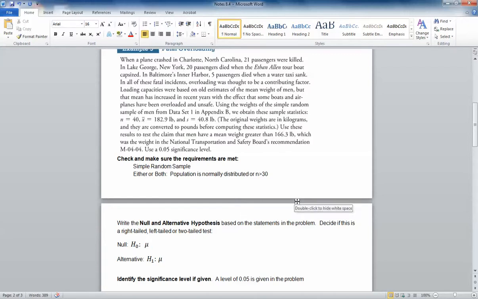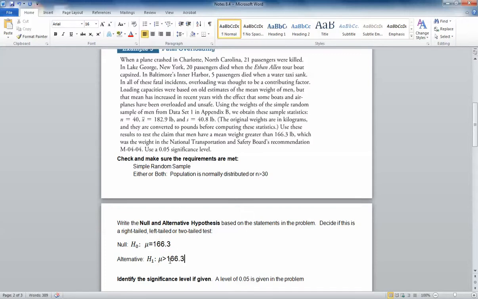So we're going to say that the mean is equal to 166.3. The alternative, based on our sample of 182.9 pounds, looks like it's greater than, and it also states test the claim that men have a mean weight greater than 166.3. So our alternative hypothesis is that the mean is greater than 166.3.